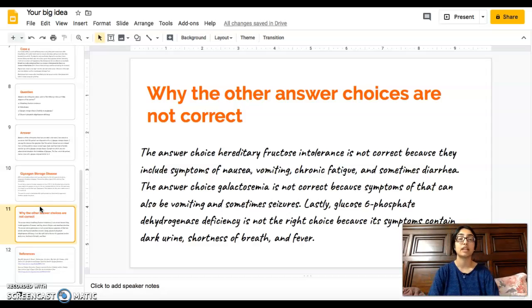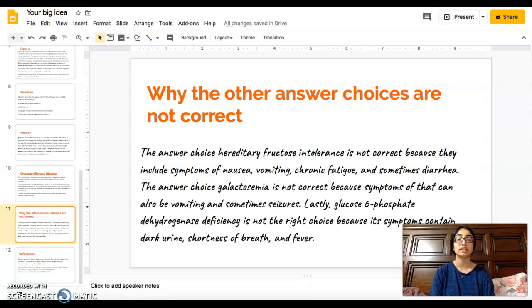Galactosemia is also not correct because its symptoms are similar to hereditary fructose intolerance, vomiting, and sometimes, unlike that, seizures. Lastly, glucose 6-phosphate dehydrogenase deficiency is not the correct choice because its symptoms include dark urine, shortness of breath, and fever, which were not any of the things that the baby was feeling.